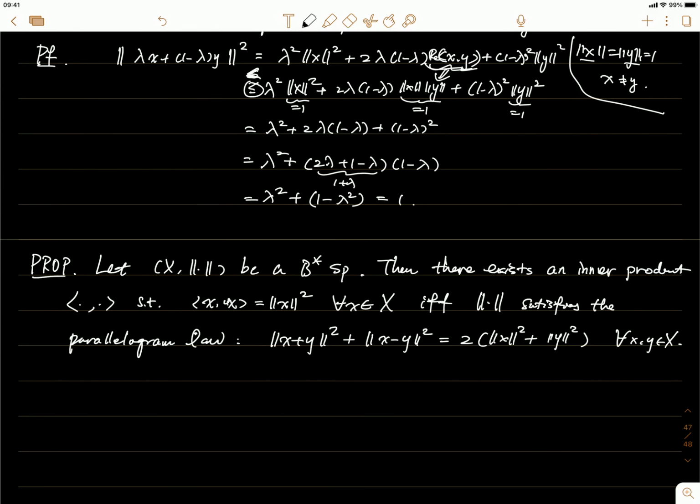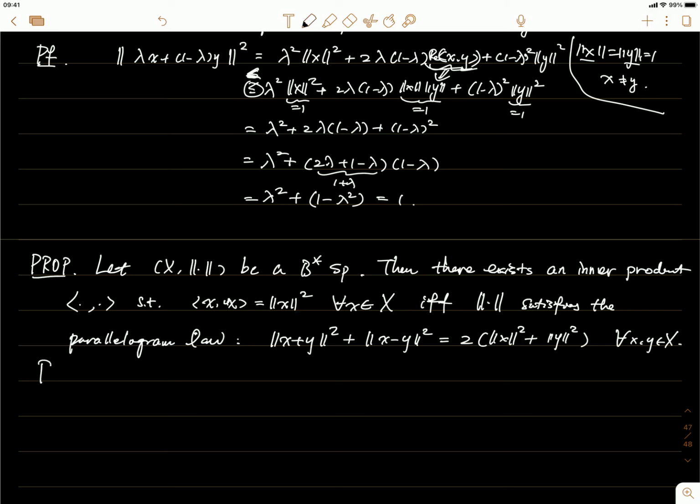So the norm must have this special structure such that this holds for any x and y. Then you will be able to find an inner product such that it is consistent or compatible with your norm.